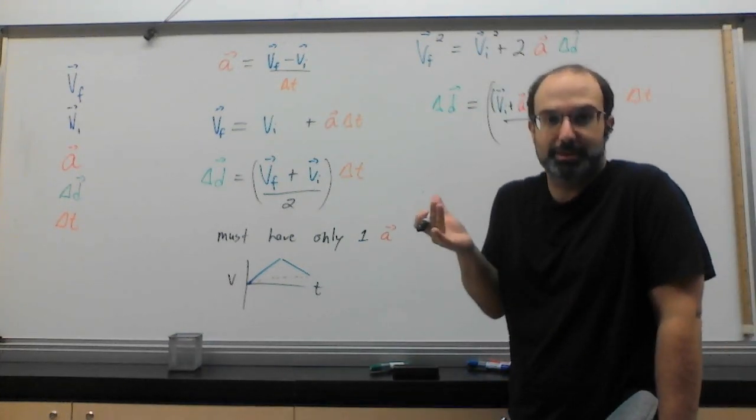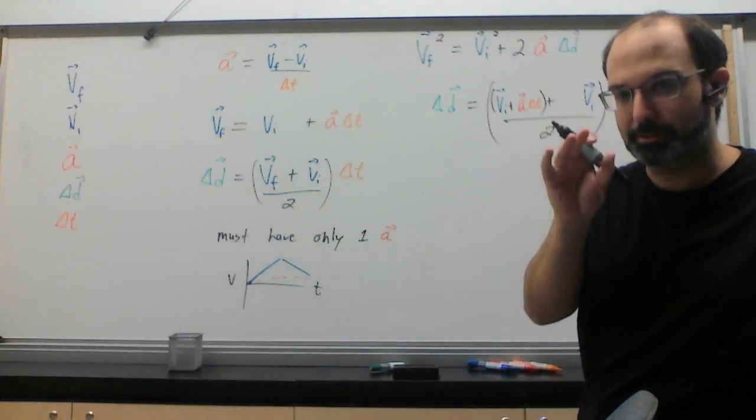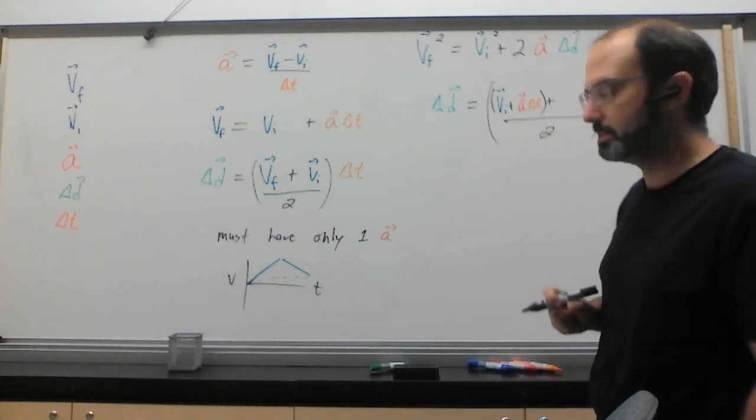Now, why would I do that? I've just made this more complicated. Because then I get to do some algebra, manipulate things, and I'm going to get something a little simpler.